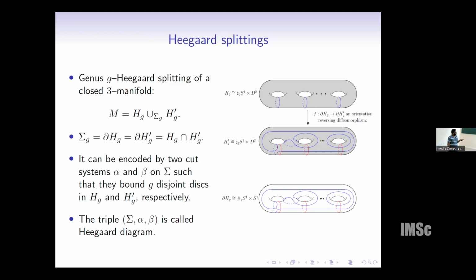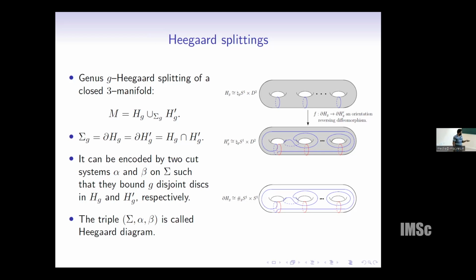Here these blue curves represent the alpha curves, one cut system in Hg, and these red curves represent another cut system of Hg prime. These blue curves represent the image of the blue curves under the map F. This data together forms what is called a Heegaard diagram, sigma alpha beta, which uniquely determines the Heegaard splitting of the manifold M.